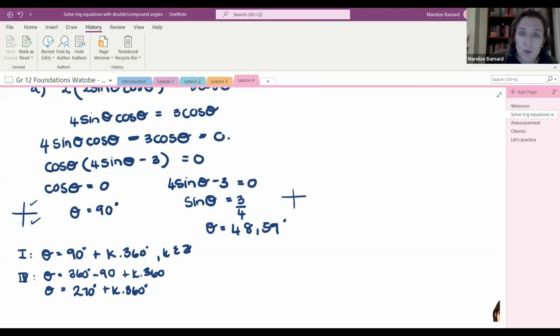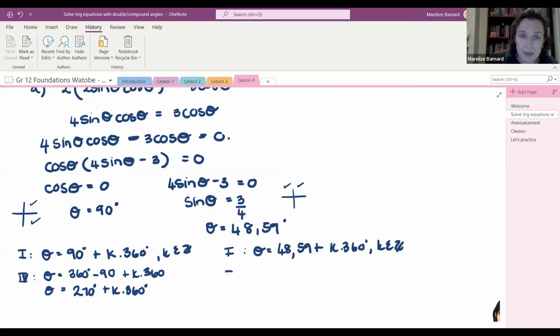So sine we are doing also where it's positive. Sine's positive in the first and the second quadrant. So we do our first quadrant solution, and that is theta is 48,59 plus k times 360, where k is an integer.